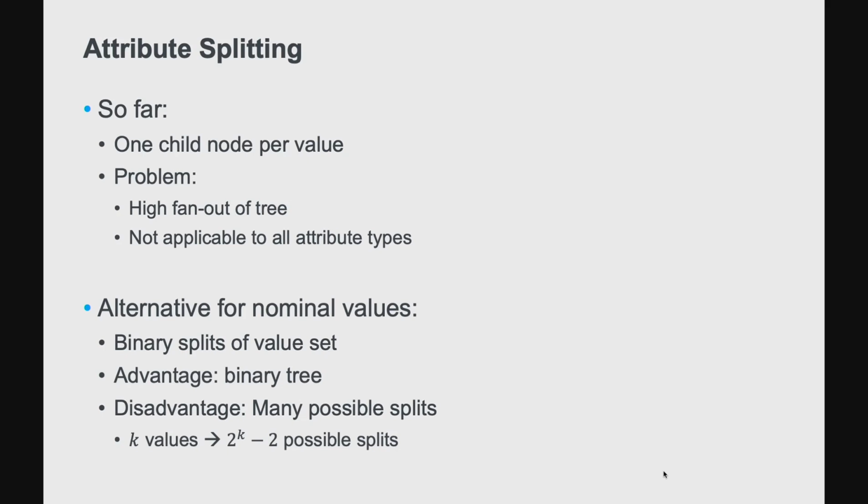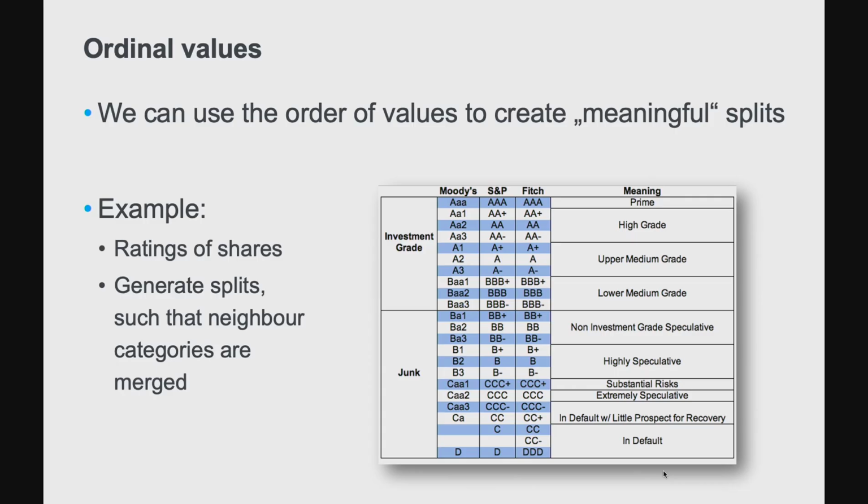There are always some people called Stefan or something like that, but others can be arranged in different ways. There are many possible splits to go with first names. When we have k values, these are the number of possible splits that we could have, and we don't want to explore all of them.